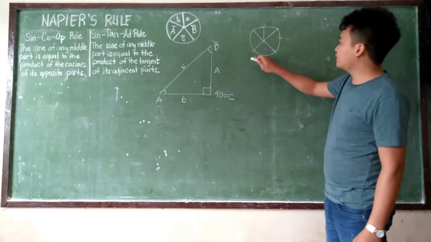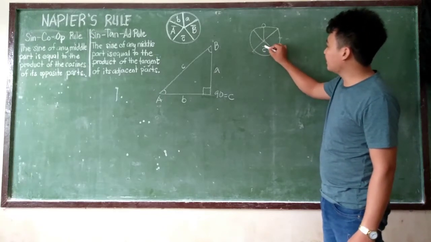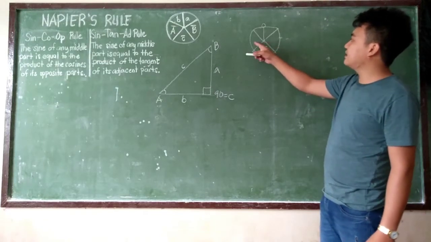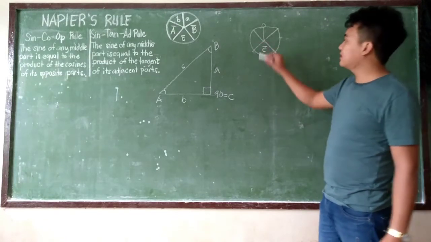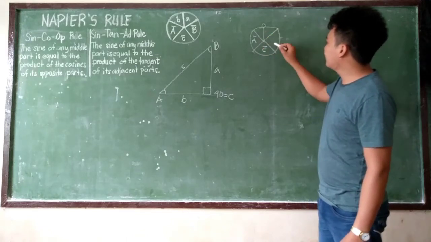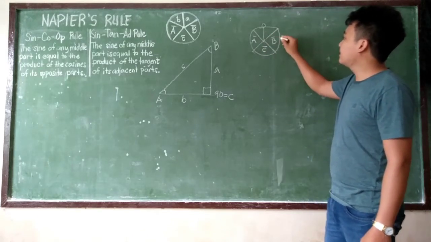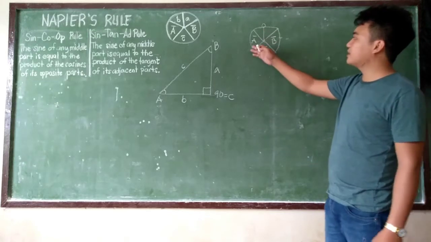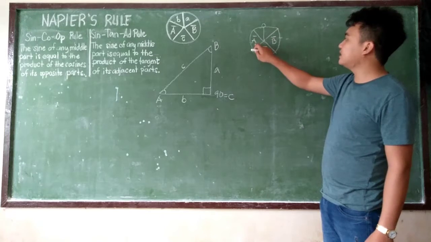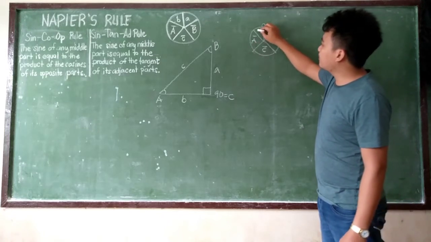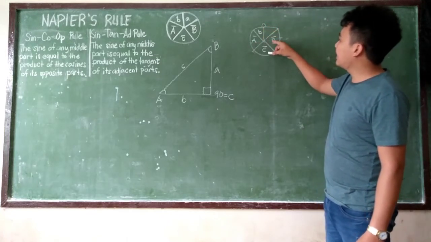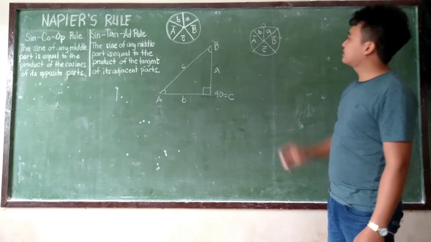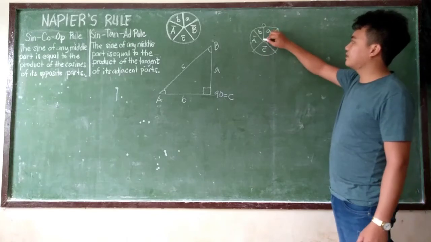Suppose we put the C bar, the small letter C. Then the adjacent sides of the C bar are the A bar and the B bar. In the upper portion, we must alternate. Since this is A, we have to put this one as B. Then this is A. So that is Napier's circle.